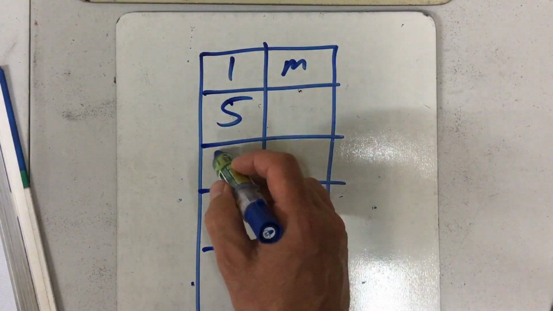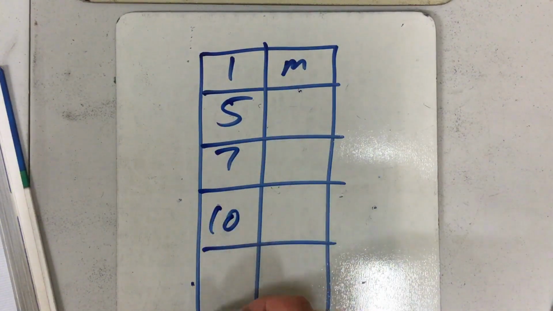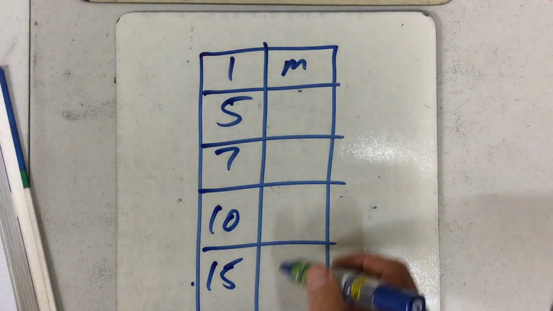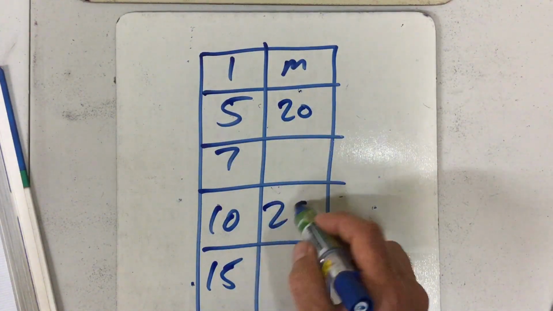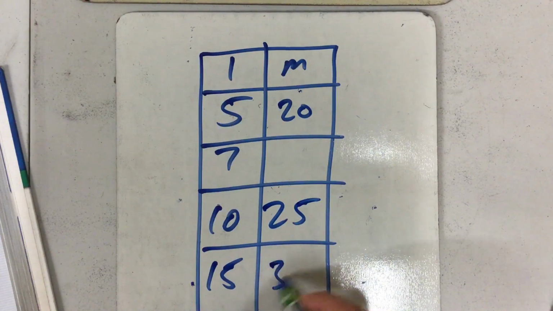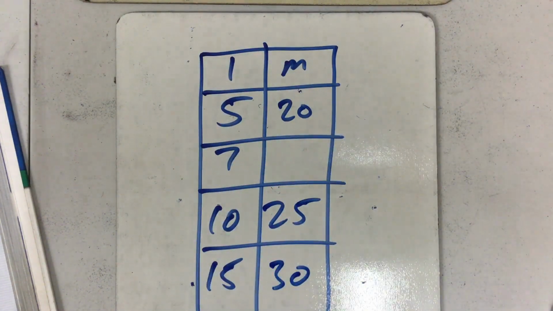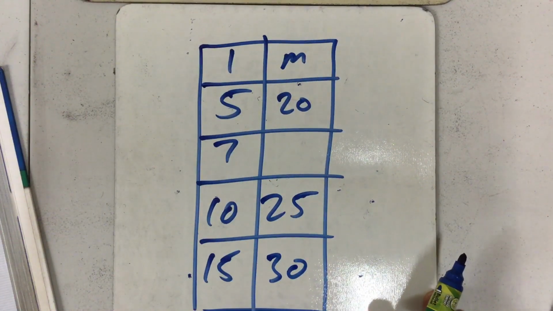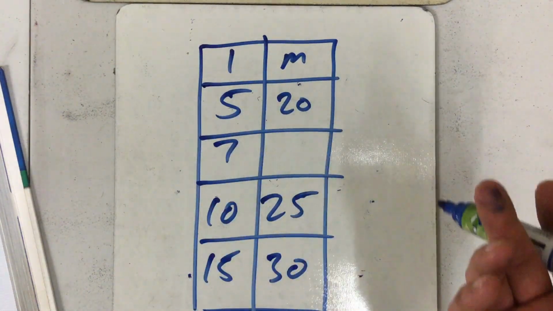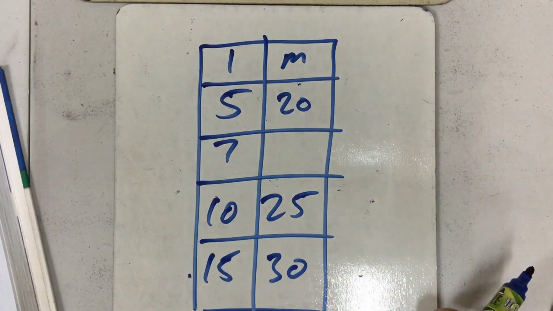It's a 5, a 7, a 10, a 15, a 20. I'm going to skip one, 25, 30. I want you to pause a minute, look at that. Pause the video if you need to, and figure out, okay, what's happening? Are we adding something? Are we multiplying? What's the deal?